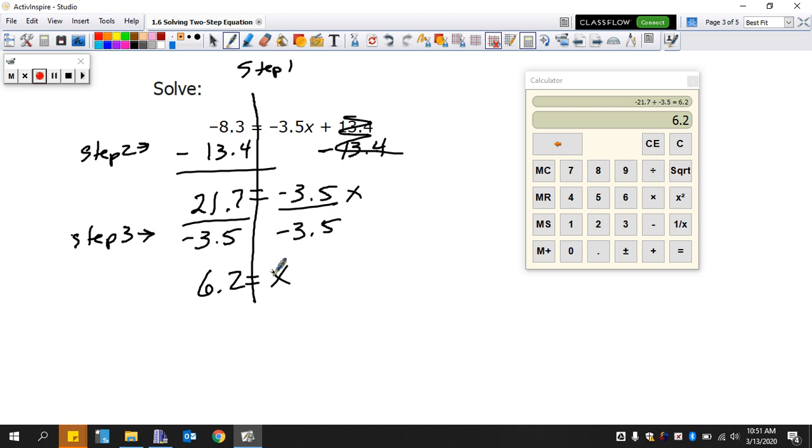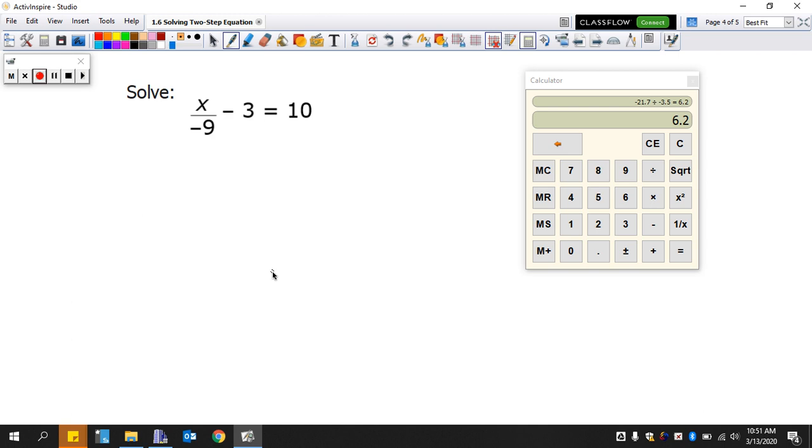All right, so the next one. Step 1 is split the thing. Now here's the thing. We're dividing here, but we're not dividing the entire side. We're only dividing the x by negative 9.